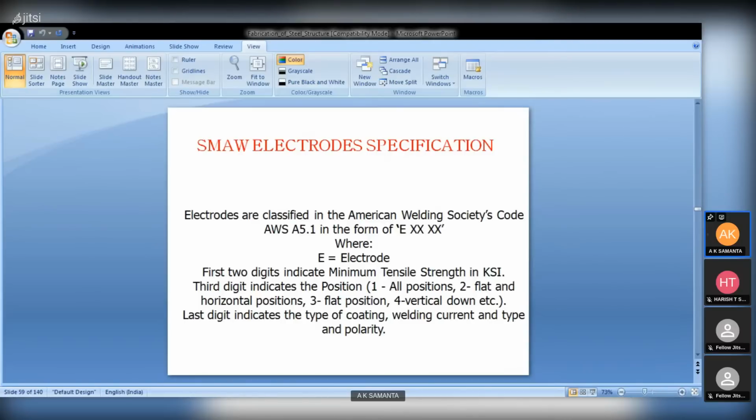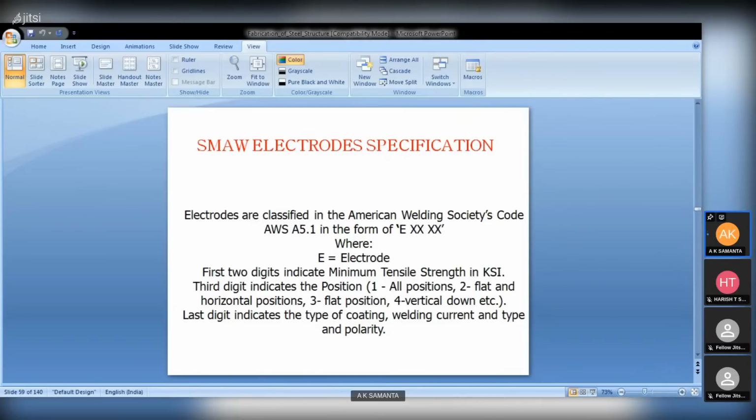What does it indicate? E indicates the electrode. The first 2 digits indicate the minimum tensile strength in KSI, that is kilo pounds per square inch, which is then converted to MPa. It means if 6012 is the grade of the electrode, 60 is the tensile strength level. 60 into 6.9, almost 414 MPa, will be the strength.